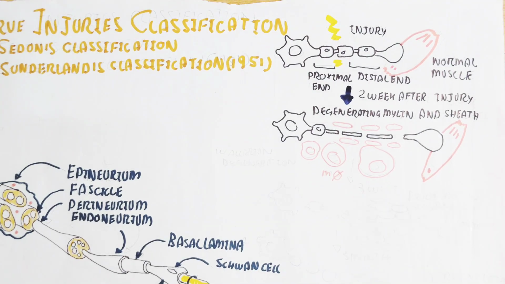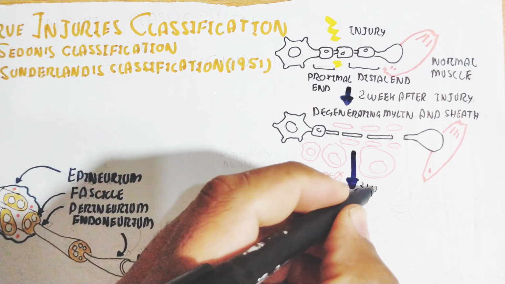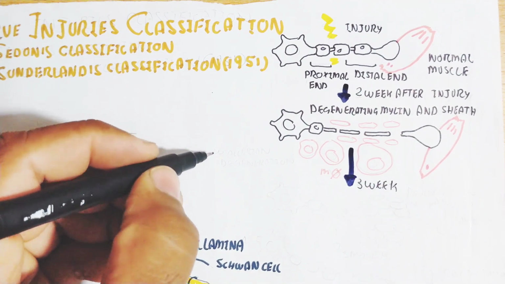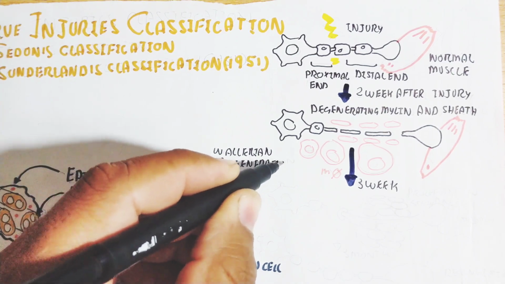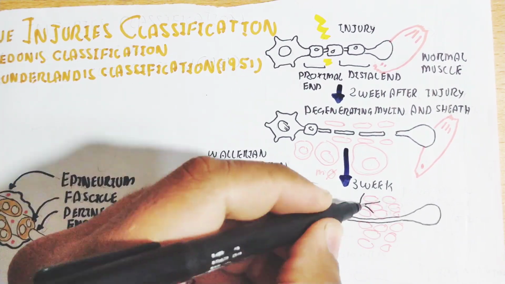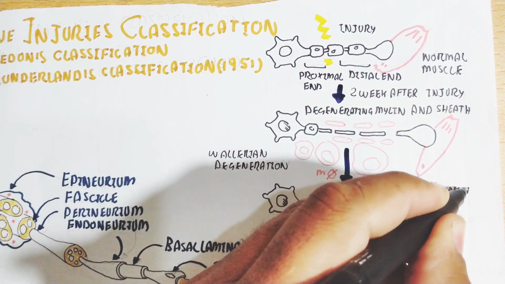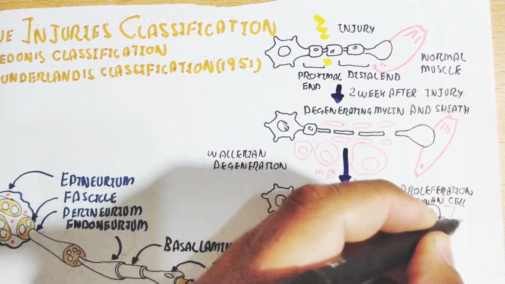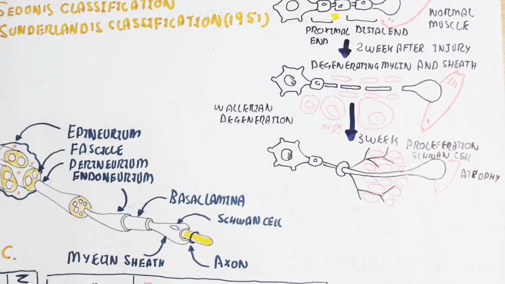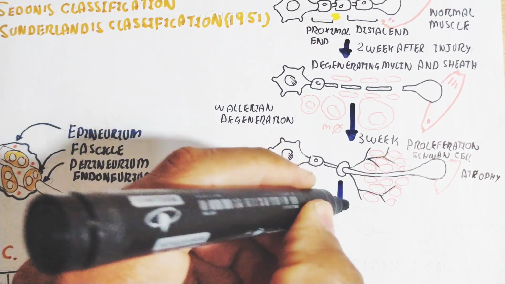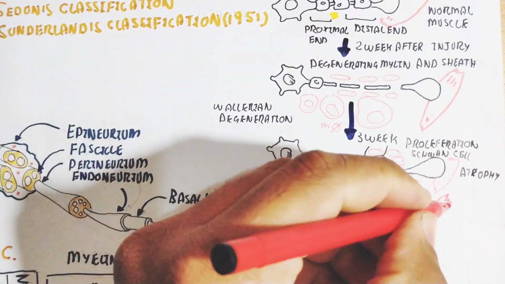The important thing to understand is the repair of the axon after 3 weeks. After 3 weeks, the Schwann cells and the axon proliferate, and the process of regeneration begins. Certain growth factors work to promote proliferation of the Schwann cells, while the muscle shrinks, which is known as atrophy.